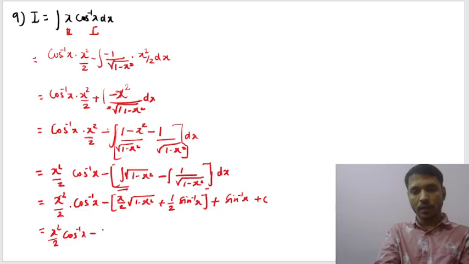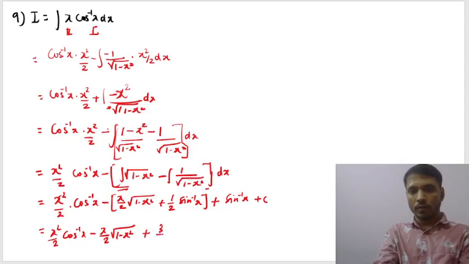If you open this bracket here, it will become x by 2 under root of 1 minus x square, and here it will become 3 by 2 sine inverse x. All right, because 1 by 2 plus 1, or actually it is minus, right? So it is minus 1 by 2 and this is plus, so it will be 1 by 2 only. It will be 1 by 2 because minus 1 by 2 plus sine inverse x will be 1 by 2 sine inverse x, right?